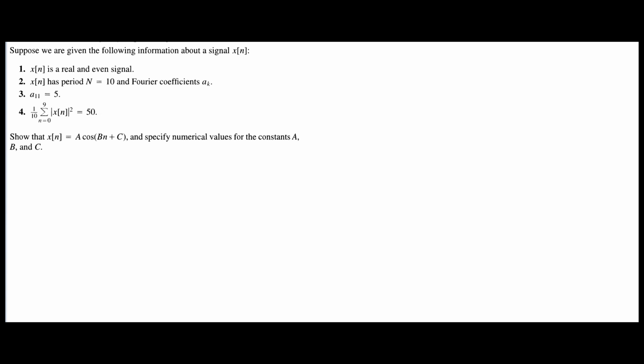First, let's review the information given in the problem. We are told that the signal x[n] is real valued and even. Recall an important property of the discrete time Fourier series. If a periodic signal x[n] is real valued and even, then its Fourier series coefficients are also real valued and even.